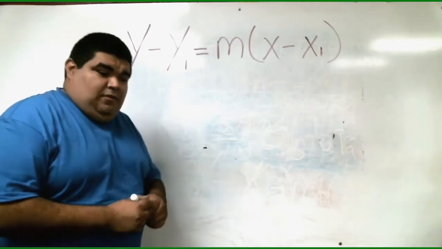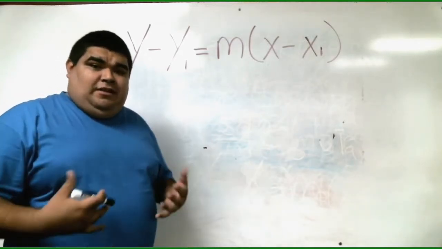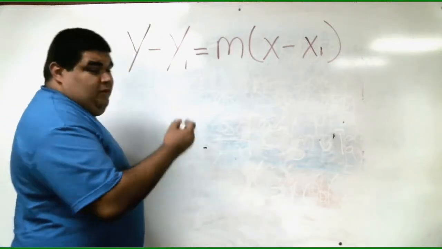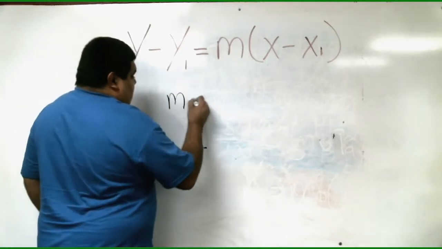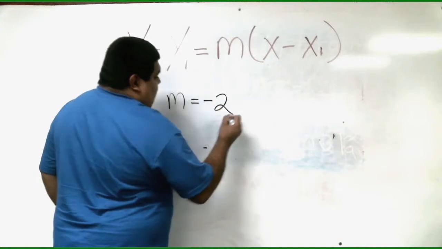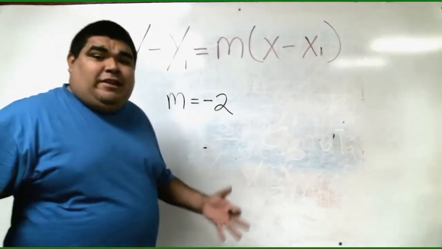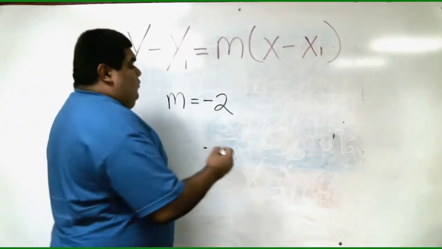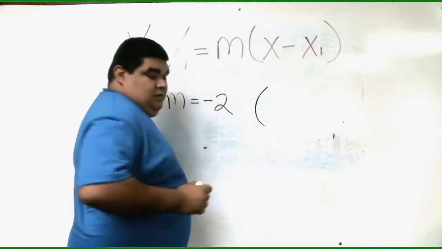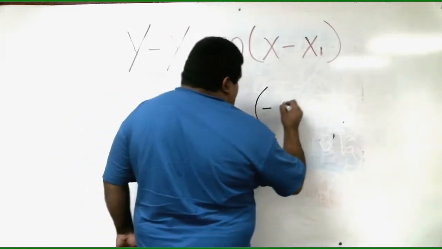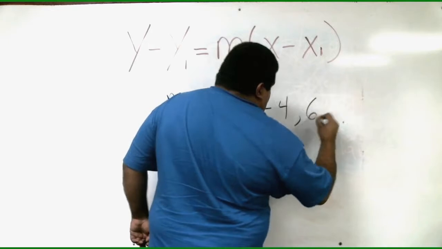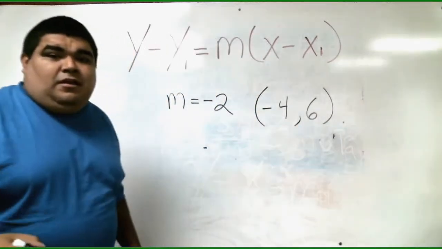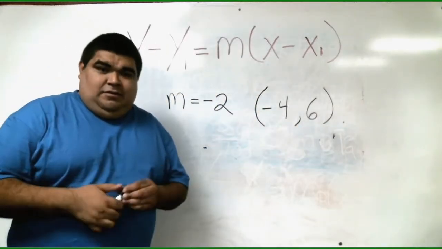All right, guys, so the example for today is we have a slope that equals -2, and then we have a coordinate that passes through the point (-4, 6). Okay? It passes through that coordinate.